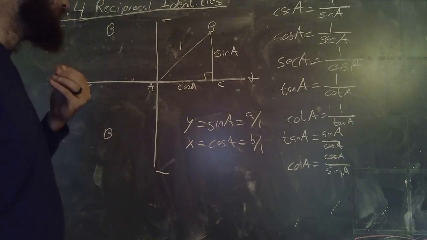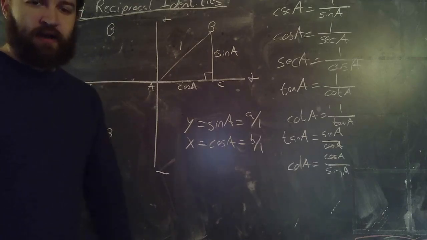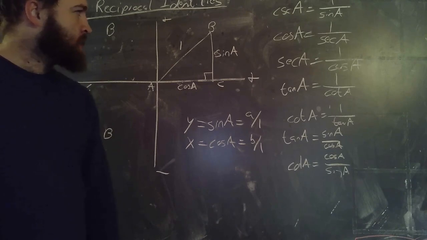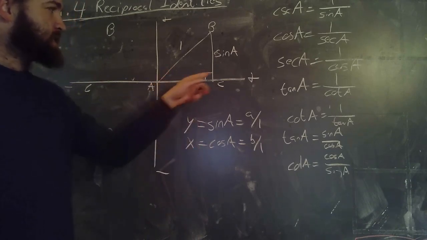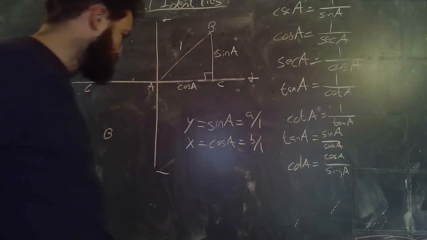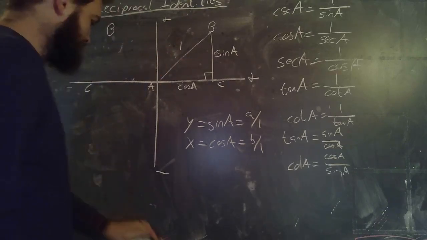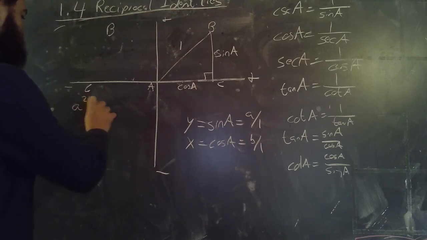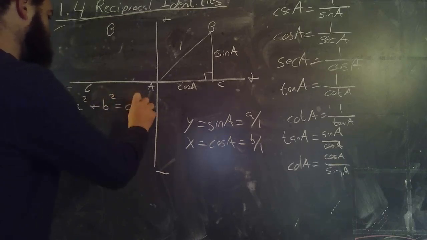Now notice here that this gives us a very, very nice identity here. First of all, because this is a right triangle, I know that I can apply Pythagoras' theorem, which is a squared plus b squared equal to c squared.